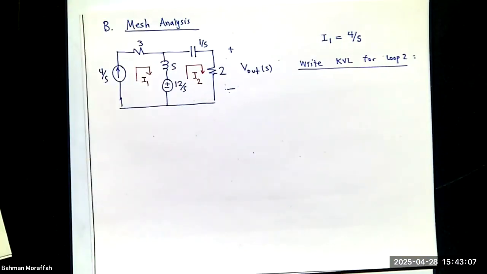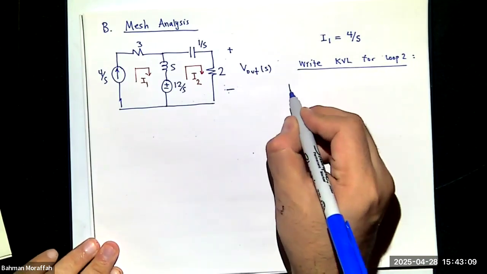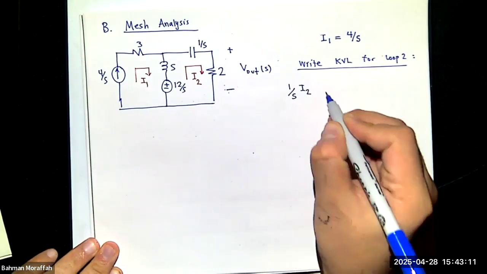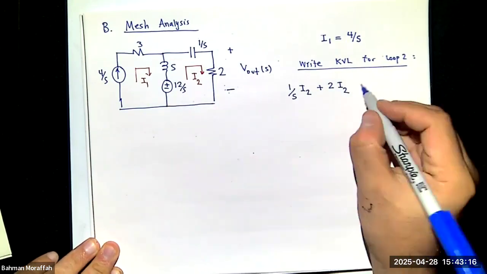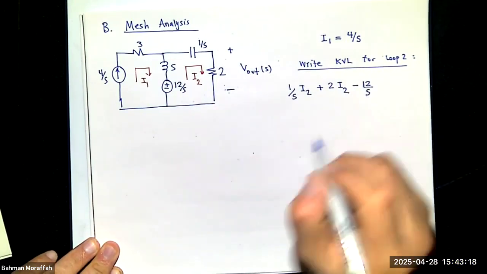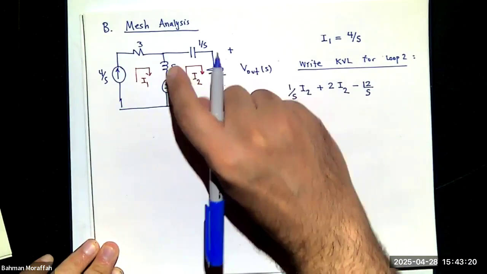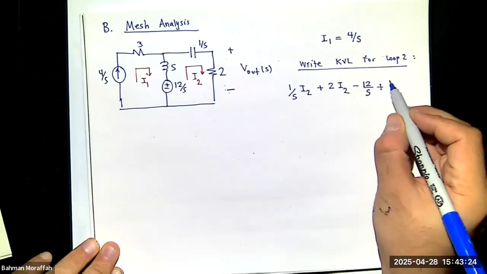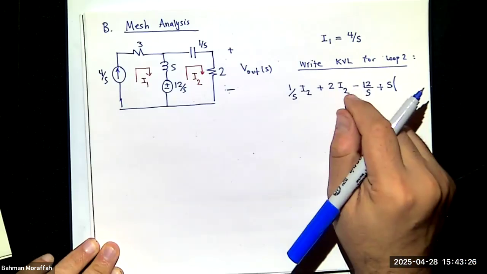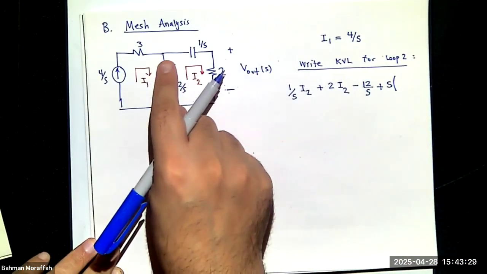Let's start here. What do I have? I have 1 over S I2 plus 2 times I2 minus 12 over S. What is voltage across this S? It is S times, what is current through it?